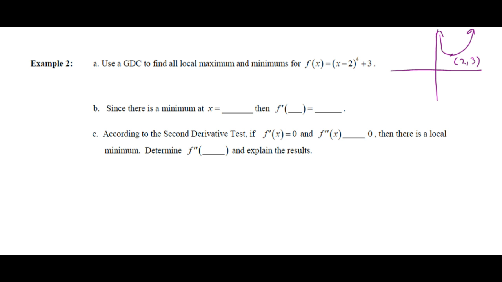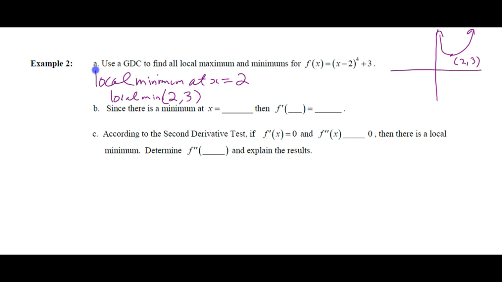There is a local minimum. It's local and it's also absolute, right? But local minimum at x equals 2. We're often interested in that, and the local minimum is 2, 3, right? So the point 2, 3.